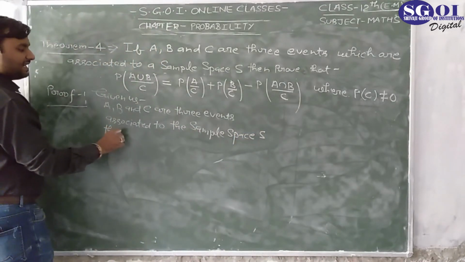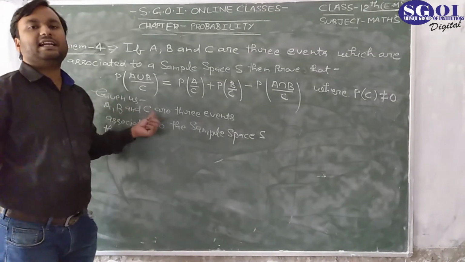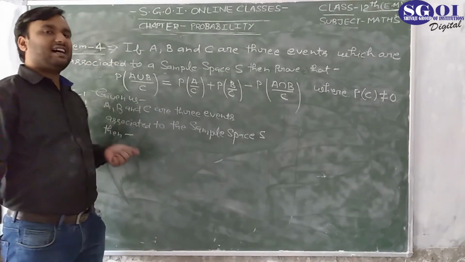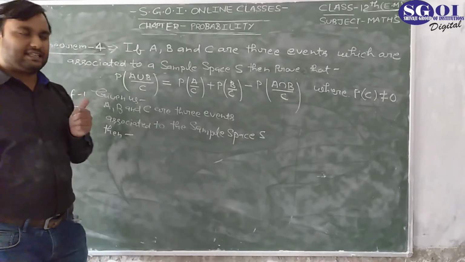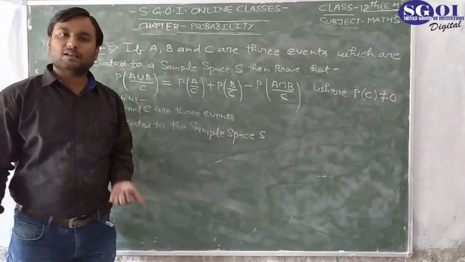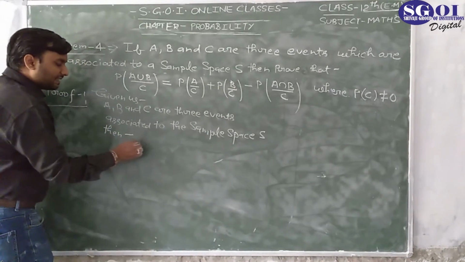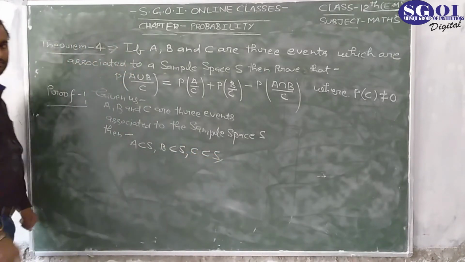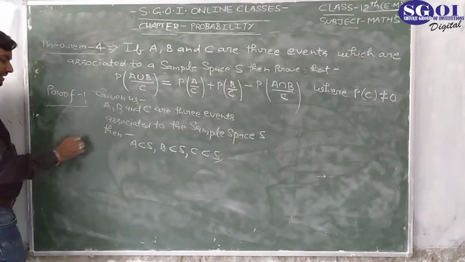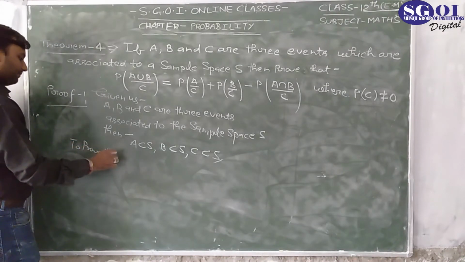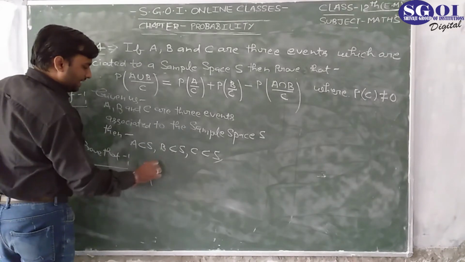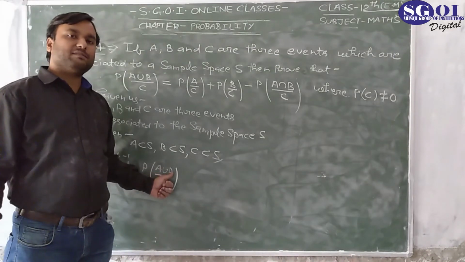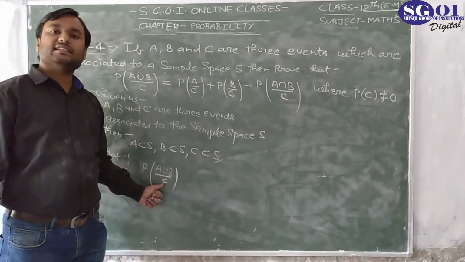Then it is clear that because A, B and C are events, and we very well know that events are the subset of the sample space, A, B and C are the subsets of S, that is A is a subset of S, B is a subset of S, C is also a subset of S. Okay, now we have to prove that probability of A union B upon C, it means probability of A union B when event C has already happened.